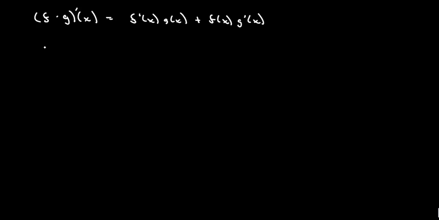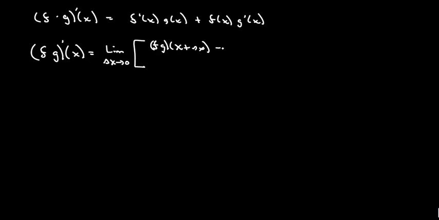So we know that f times g, I'm going to stop writing it with the little dot in between, the derivative of that with respect to x is the limit as delta x goes to 0 of f times g of x plus delta x minus f times g of x, over delta x.